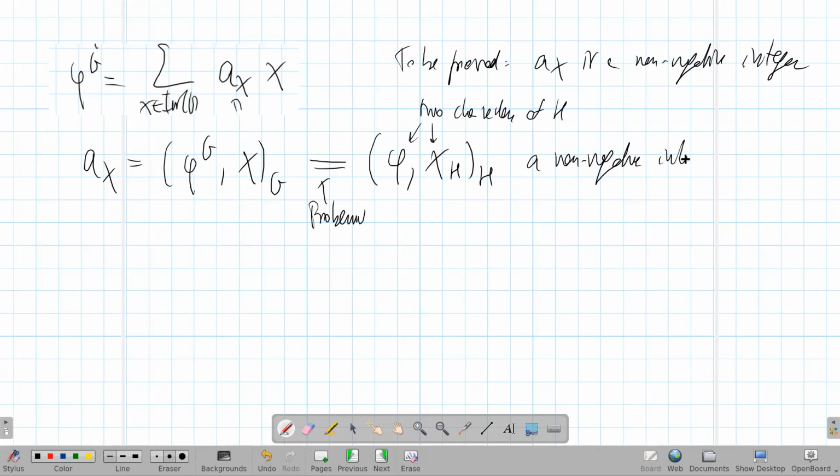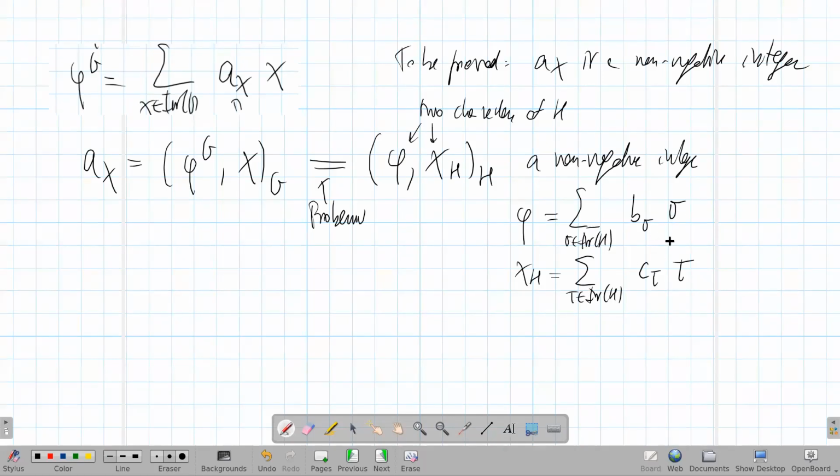Why? Because these are two characters of H. Both of them can be written as, let's use a different letter, phi equal to the sum over sigma in the irreducible characters of H with B sigma, and chi restricted to H equal to the sum over tau in the irreducible characters of H with C tau.